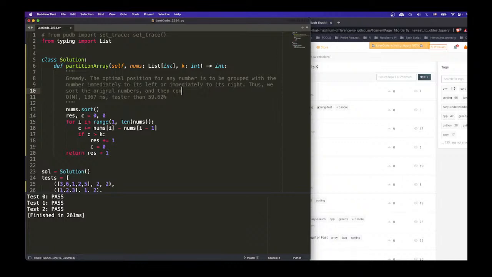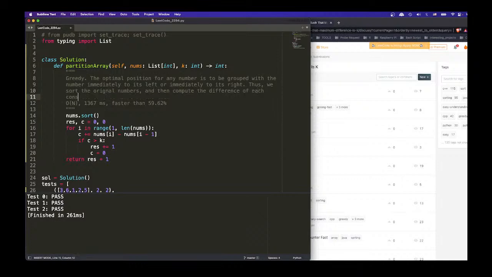Then compute the difference of each consecutive part of the sorted nums.